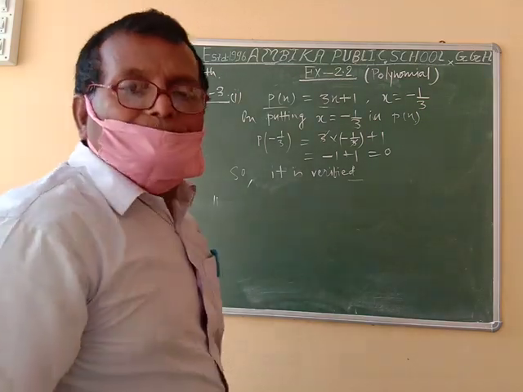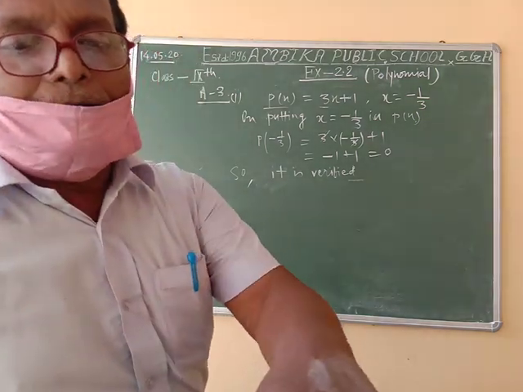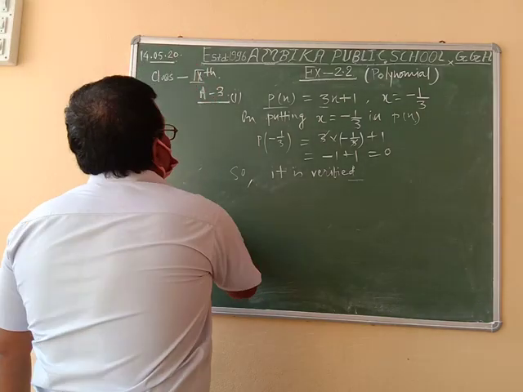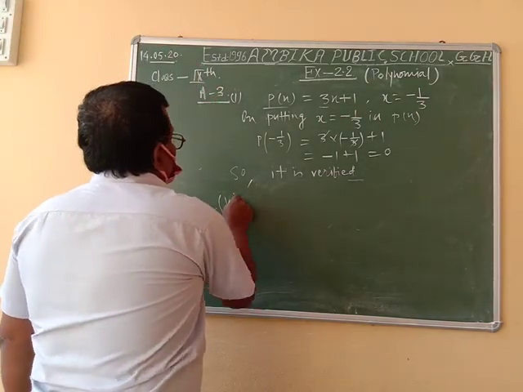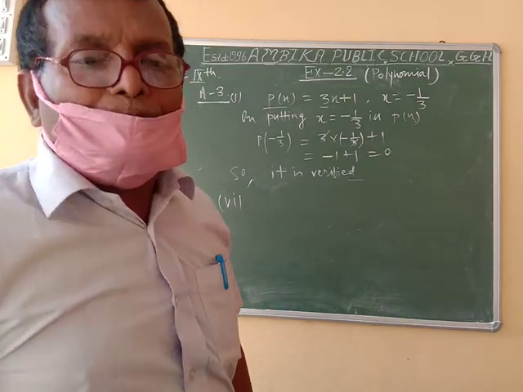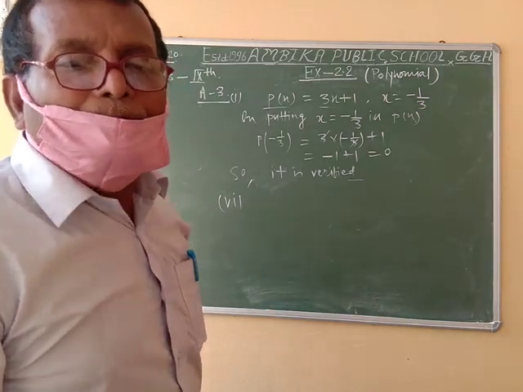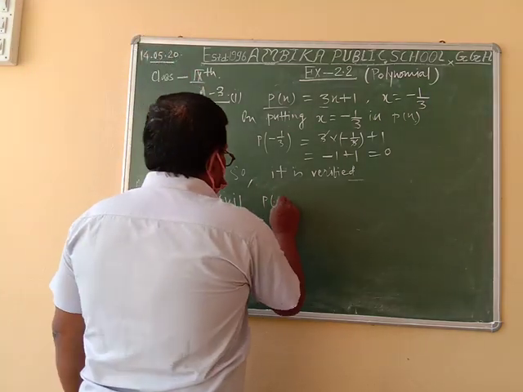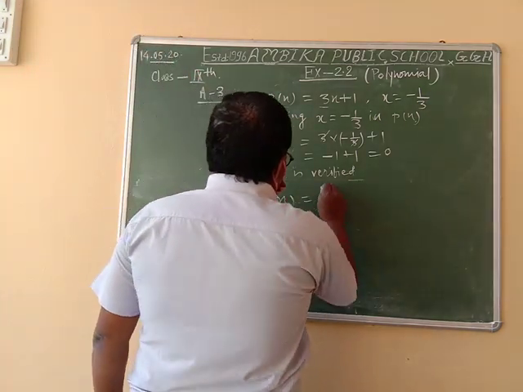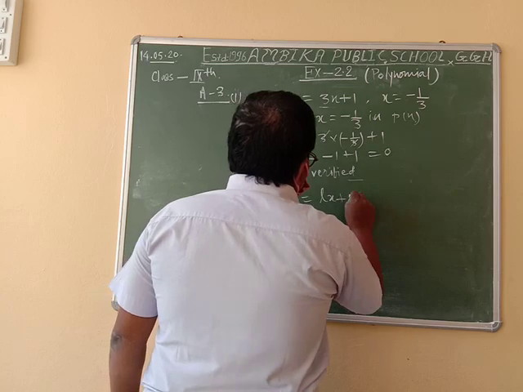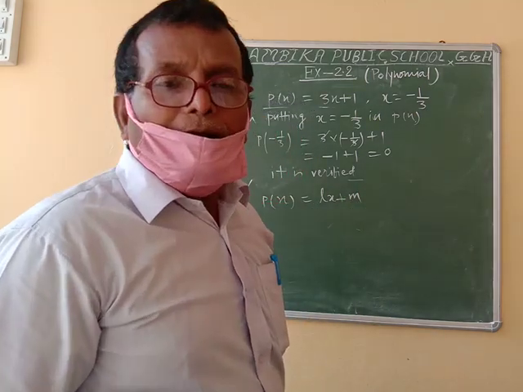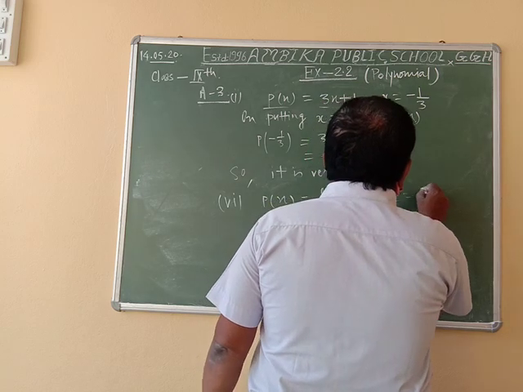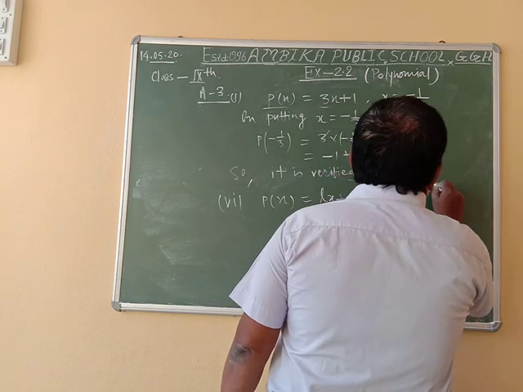Question number 6, p(x) is equal to lx plus m, if x is equal to minus m by l.